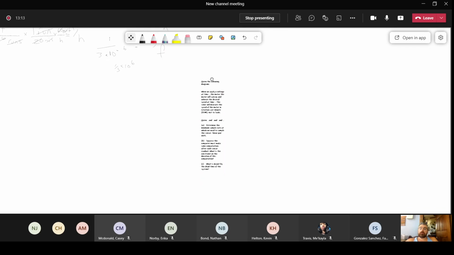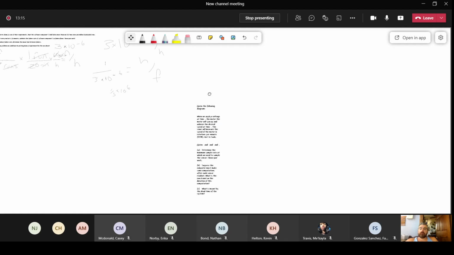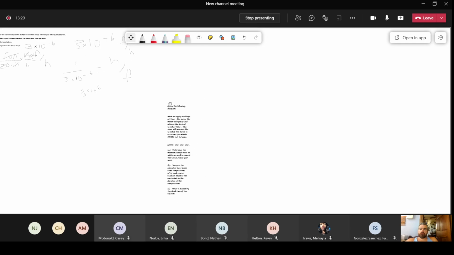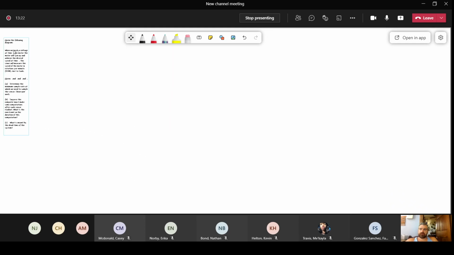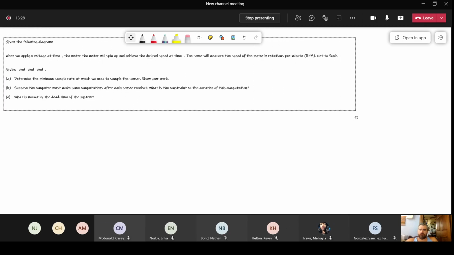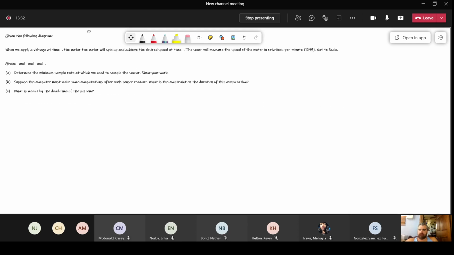Oops, I want to move this, not the whiteboard. Well, we're just going to start over. Okay, we don't get the picture of the diagram on here, but you all have the assignment.